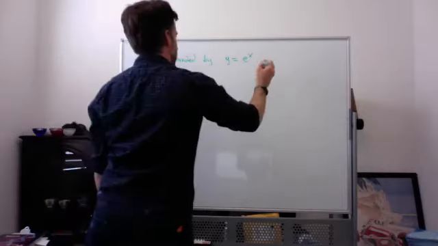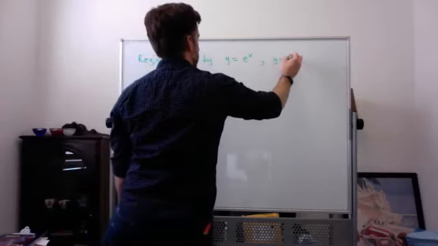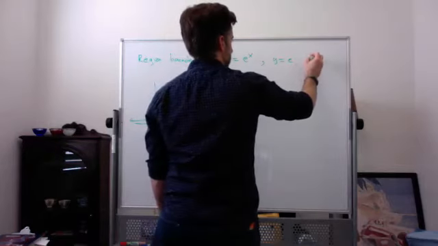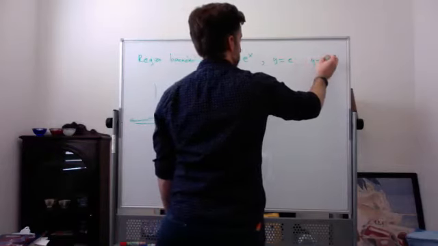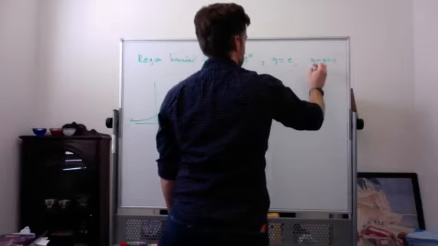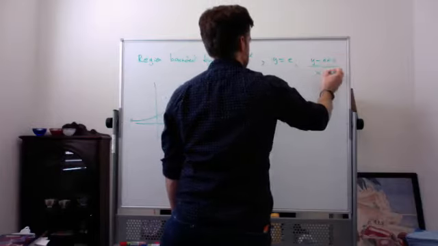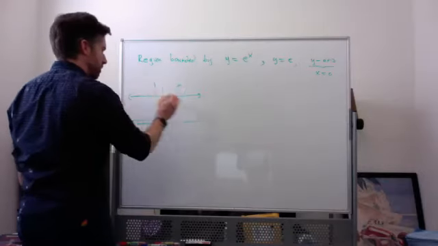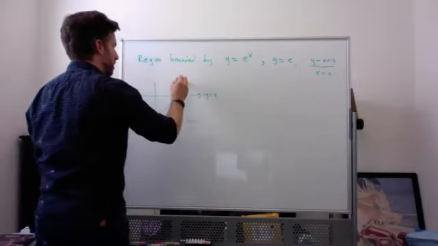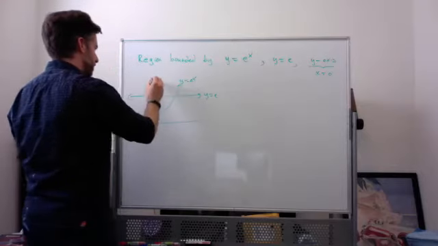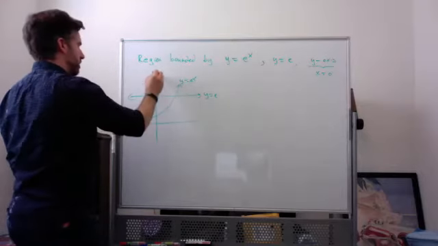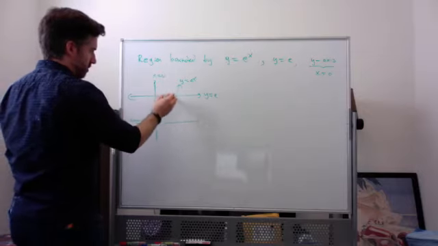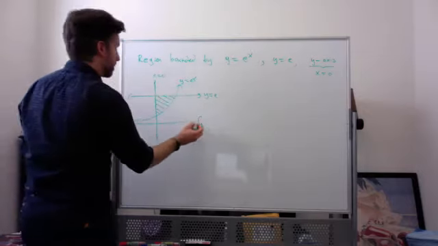Let's do y equal to e to the x, y equal to e, and the y-axis, I mean, so x equal to 0. So I'm looking at this. Here's y equal to e. Here's y equal to e to the x. And here's my y-axis, x equal to 0. So I'm looking at this region here. I'm going around the x-axis.